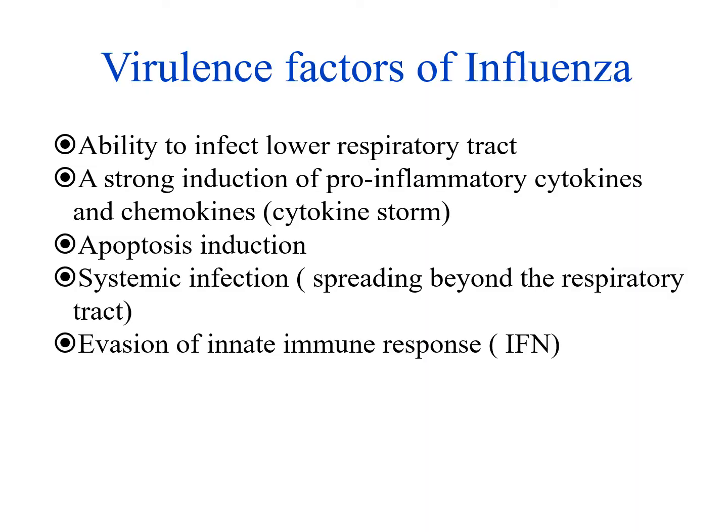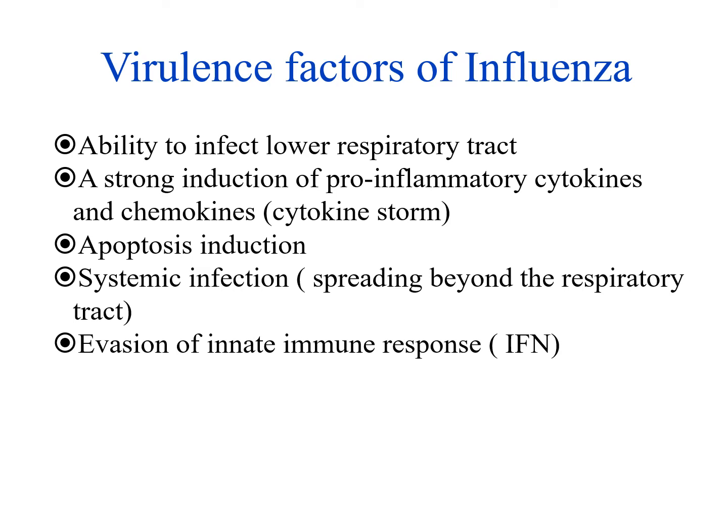What are the virulence factors of the influenza virus? It has the ability to infect the lower respiratory tract. It primarily infects the upper respiratory tract, but in certain cases it might go to the lower respiratory tract and cause viral pneumonia. It induces pro-inflammatory cytokines and chemokines, which might lead to cytokine storm.